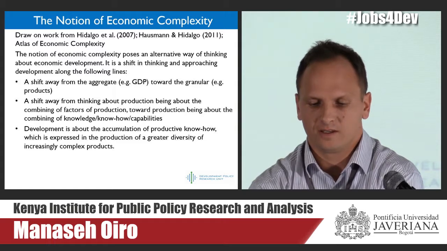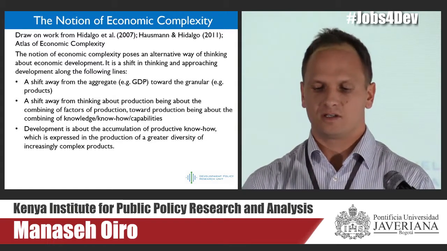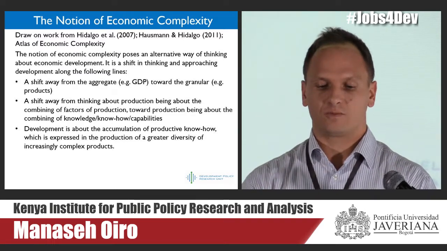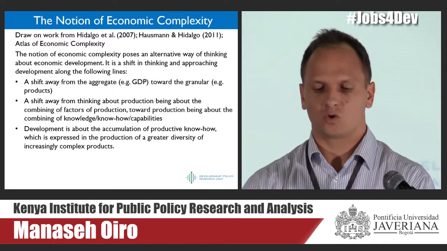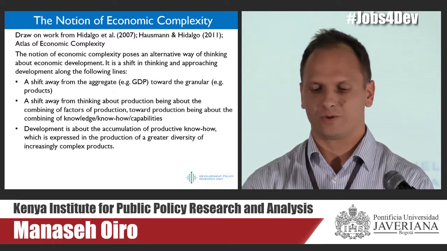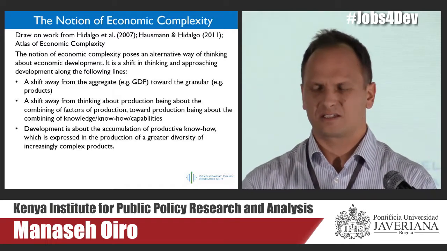It's a shift away from thinking about production being about combining factors of production. Rather, it's now towards this idea of combining knowledge or know-how or productive capabilities. Those three terms are all interchangeable, but I'll speak about productive capabilities.